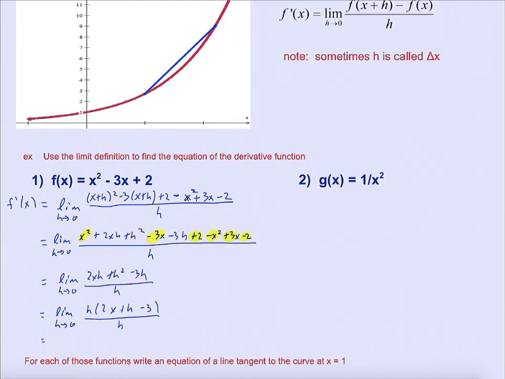And once those h's cancel out, direct substitution would be no problem. I can plug in the 0 for h right there, and I'm left with 2x minus 3. So f prime of x is 2x minus 3.